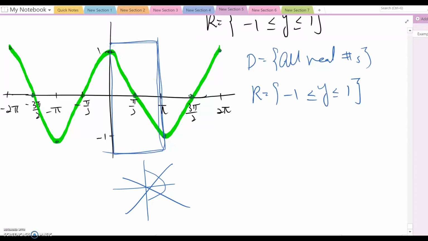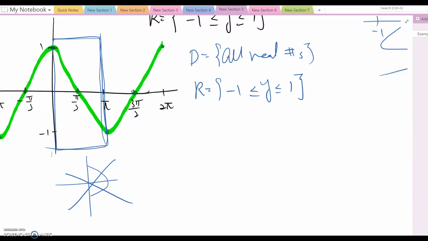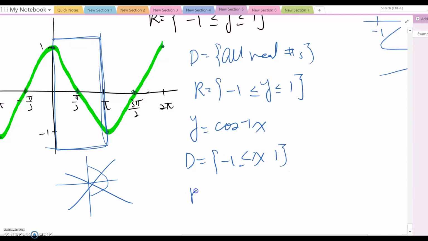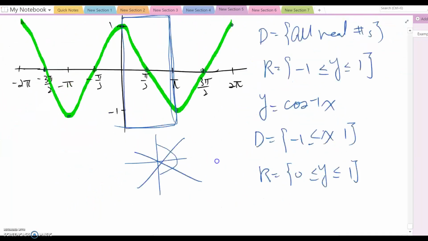Okay. Then when we do the graph here, y equals cosine inverse x. The domain is x between negative 1 and 1, but the range this time is y between 0 and pi instead, right? Okay, then let's do the graph right here.